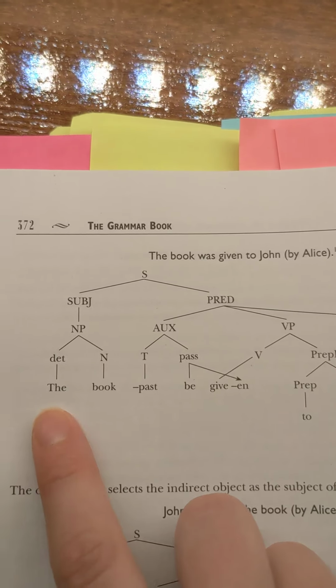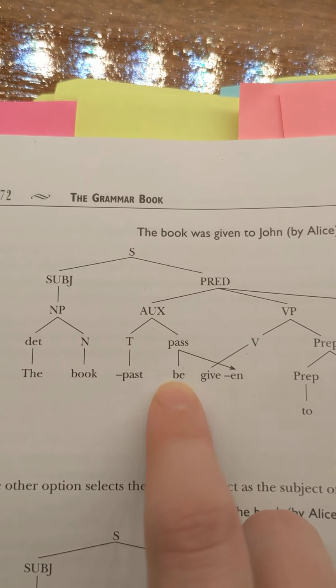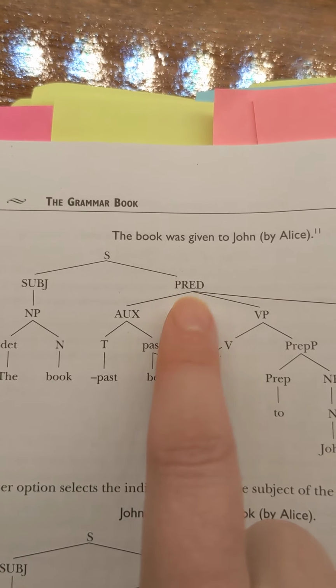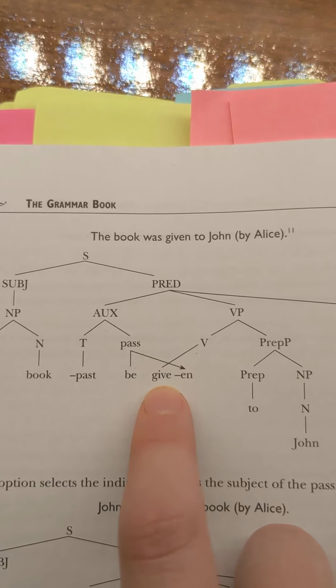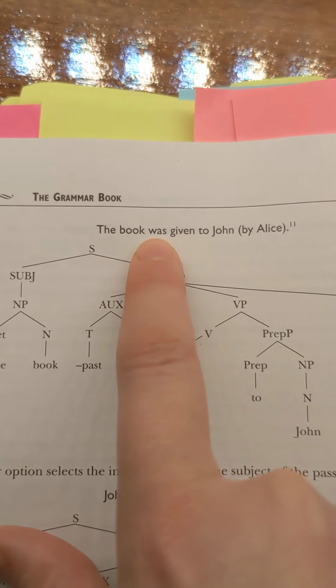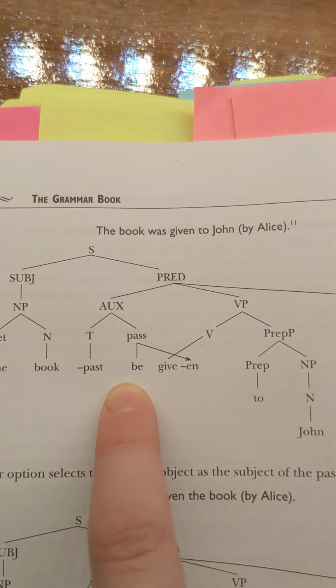These are going to be the ones that are tied to give. But because the book is the subject, it goes up here. And we mark it as passive. Was given is marked here as passive under the auxiliary. Give is the main verb. It is the be and the en that's part of the passive. Okay?